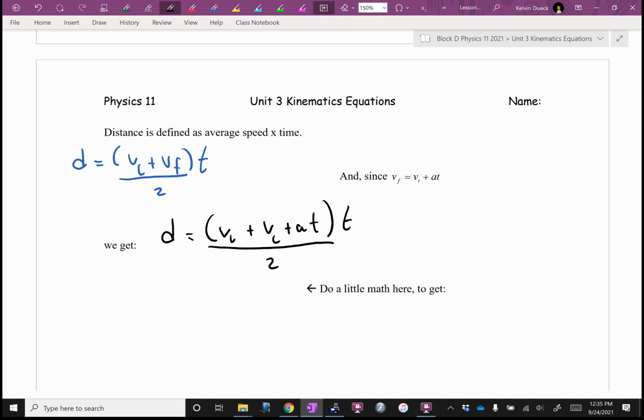What's 1x plus 1x? What's 1y plus 1y? What's 1vi plus 1vi? Okay, I can rewrite this as D equals, in brackets, 2 vi's plus AT all over 2 times T.